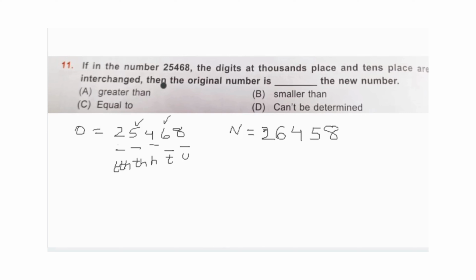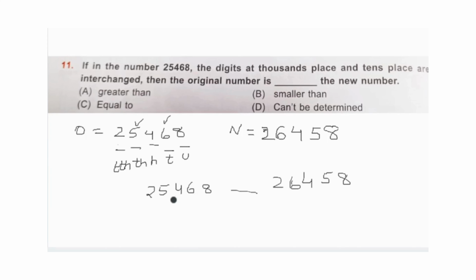Now the question is, the original number is dash the new number, which is either greater than, smaller than, equal to, or can't be determined. So let's write the original number first, which is 25468, and the new number here, which is 26458.